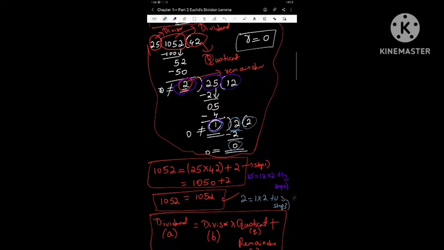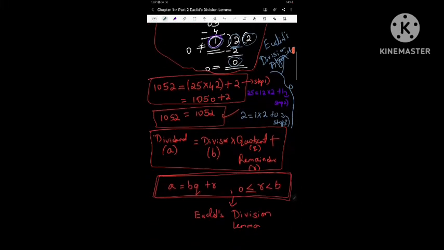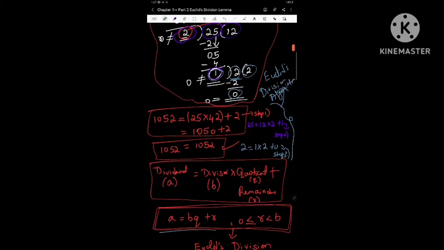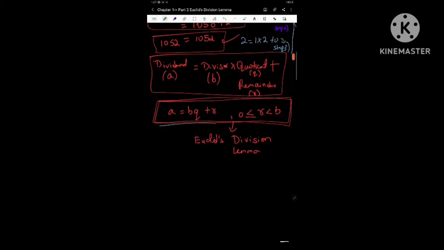All these 3 steps together make Euclid's division algorithm. Easy, right? So now we have studied Euclid's division lemma, that is over here, and Euclid's division algorithm, that is these 3 steps.